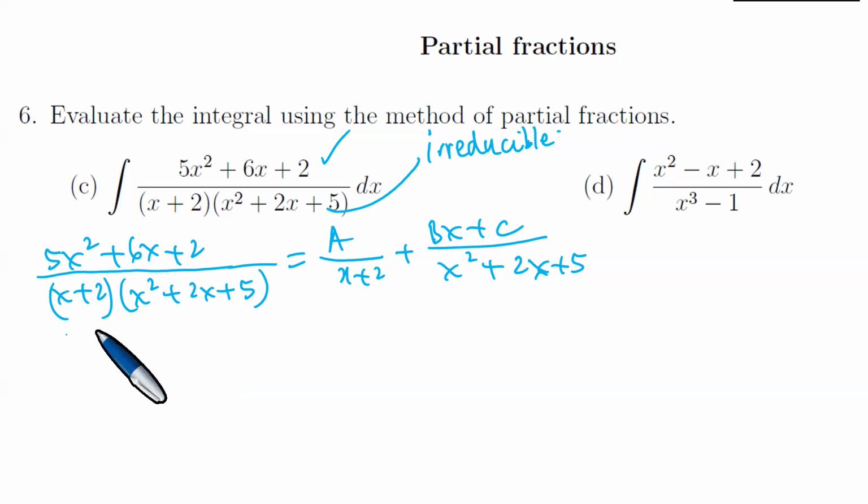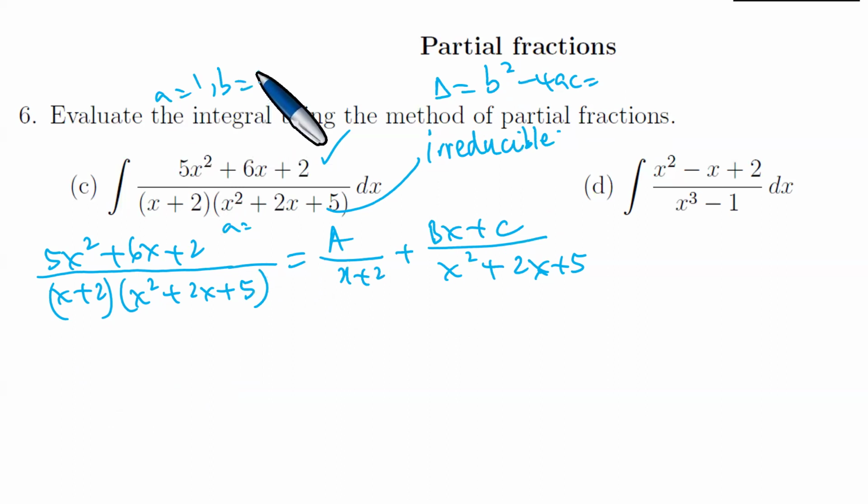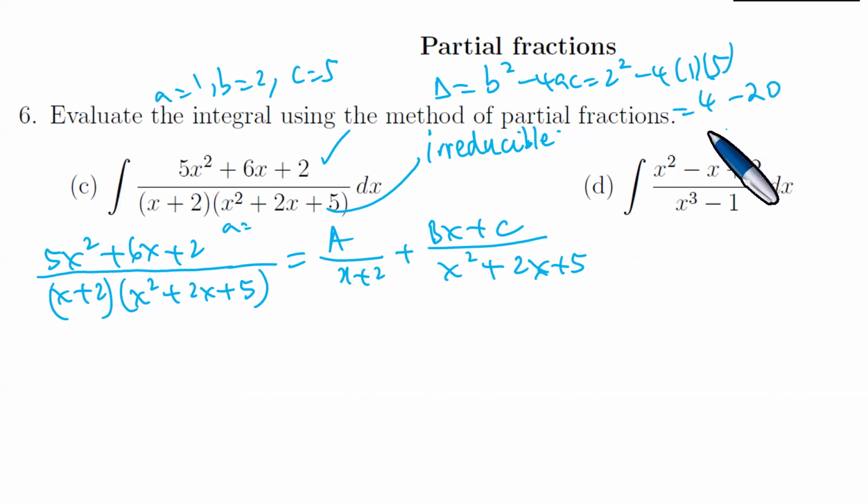So that in the end, you multiply out by the LCD, if this is irreducible, because if you look at its discriminant, b squared minus 4ac, you want to determine the factors. The a is 1, the b is 2, the c is 5. So 2 squared is 4, minus 20, which is minus 16.